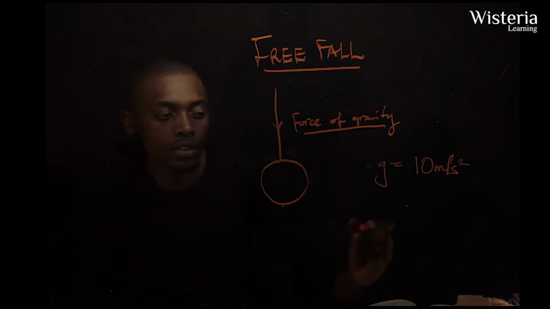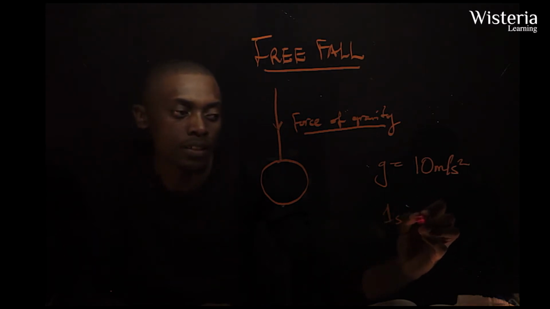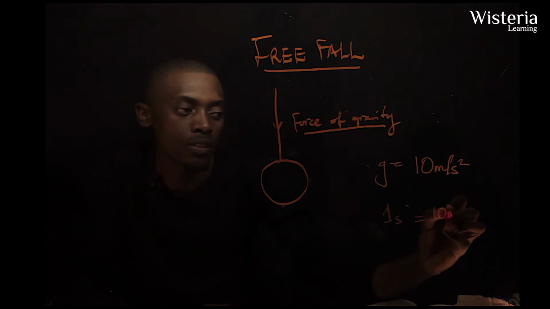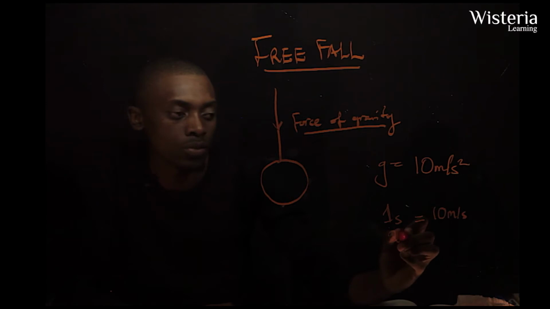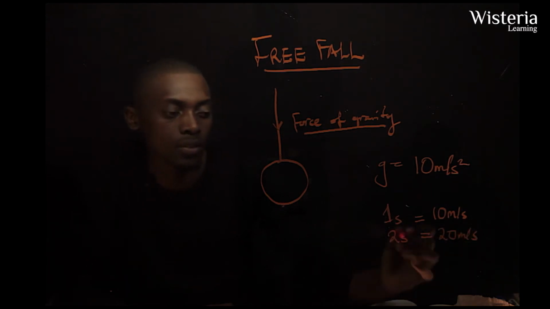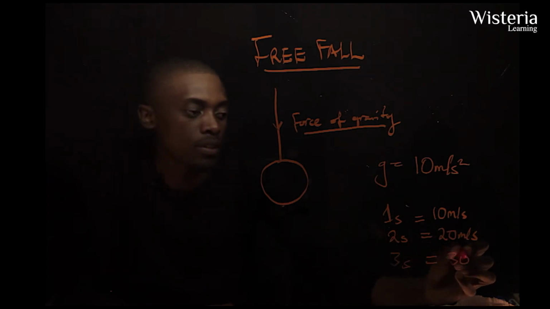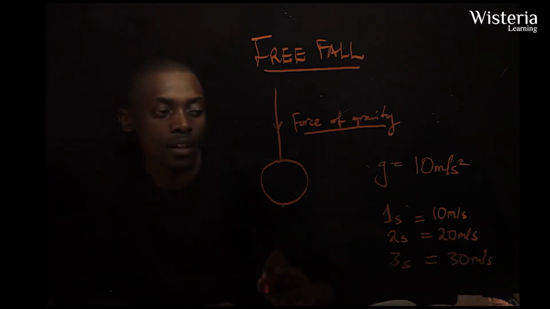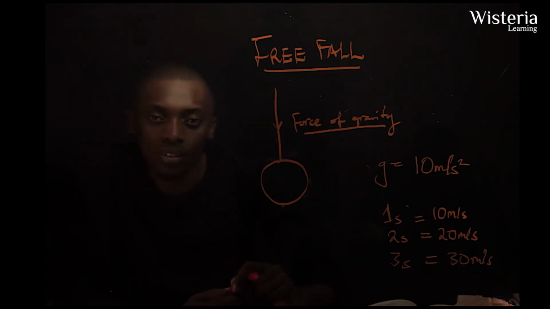That means that every single second its speed increases by 10 meters per second. So in 2 seconds the speed increases to 20 meters per second, and in 3 seconds the speed will increase to 30 meters per second. So as an object is falling, its velocity increases as it falls through the air.